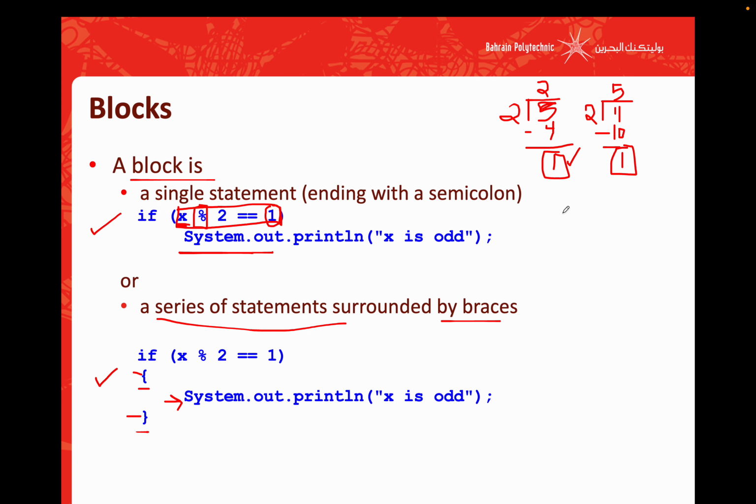Similarly, if I divide any even number, for example 10, 2 times 5 is 10, so the remainder will be 0. This is a universal fact. Anytime you divide an odd number by 2, the remainder is 1. Anytime you divide an even number by 2, the remainder is 0.